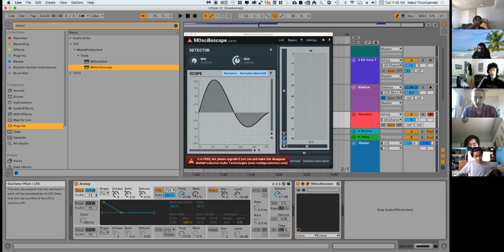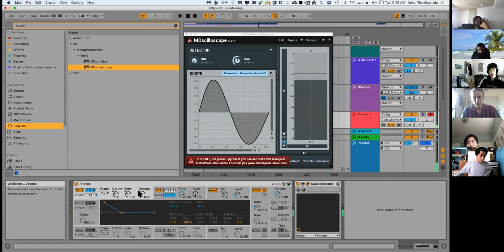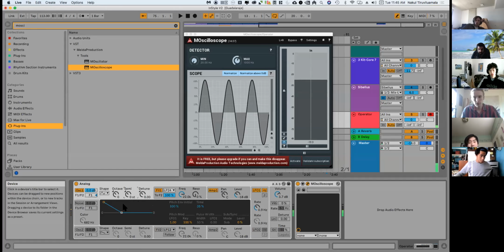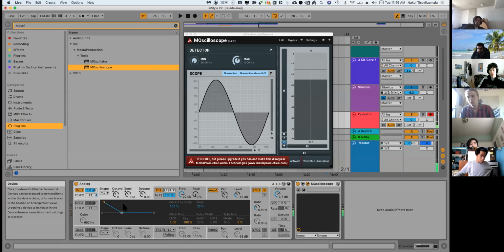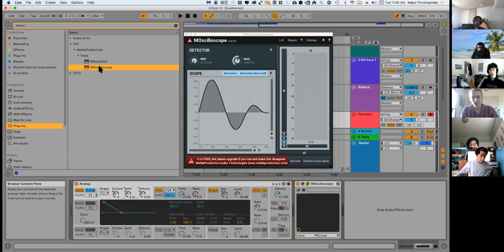Okay? So the LFO, remember, is this idea that you can change any value in a periodic manner. So if I turn on the LFO, notice how it's not lit up right now. But if I turn on the LFO and I go back to my oscillator section, you can see how the actual pitch is changing over time.